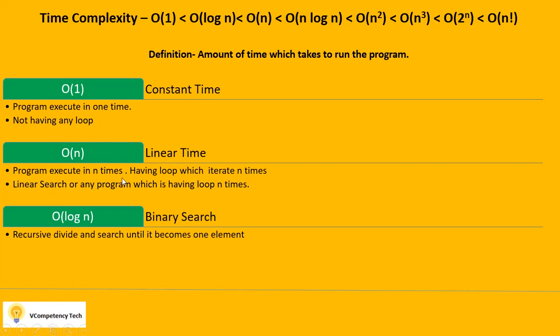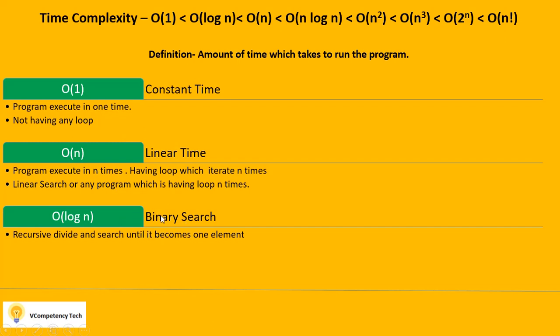The program executes n times, having a loop which iterates n times, like linear search or any program having a loop running n times. In this case you will say the time complexity is O(n).